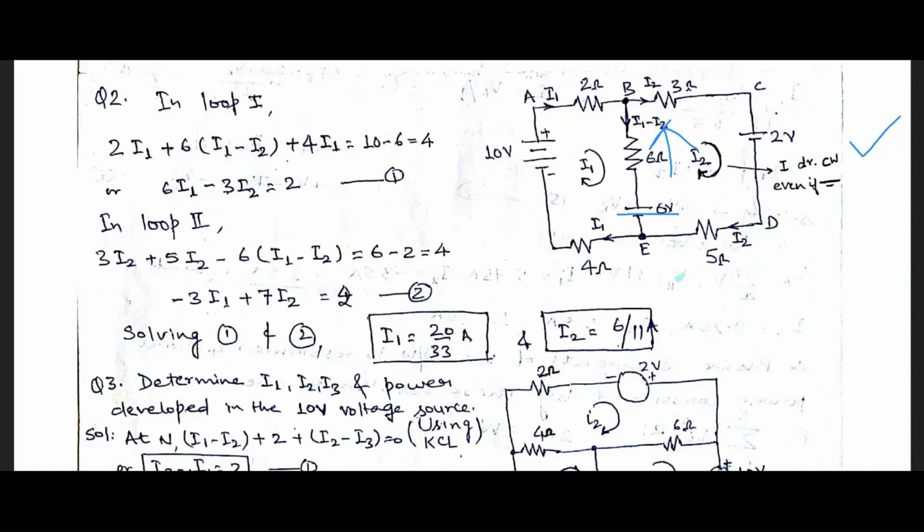So these 2 batteries oppose each other and the effective voltage will be 4 volts only. Okay, clear hai?